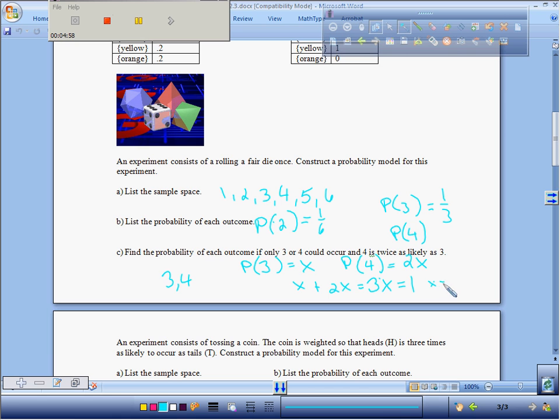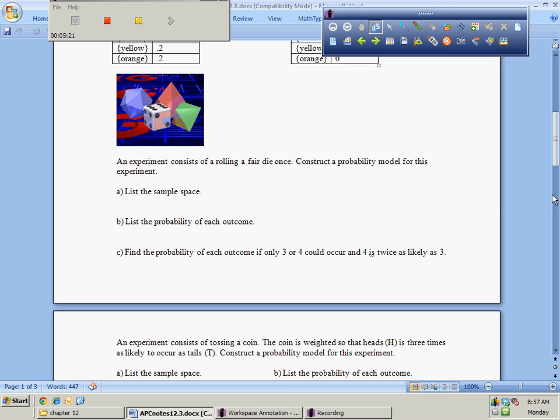So the probability of getting a 4 is 2x, which is 2/3. Do those two numbers add up to 1? Is this twice as likely as this to occur? Yes. Okay, so that's how they do that. Okay, moving on.